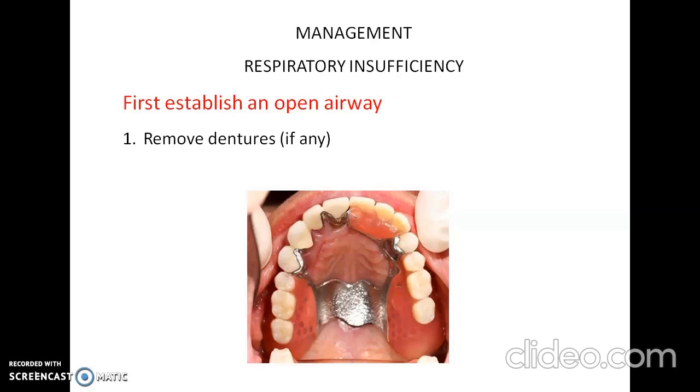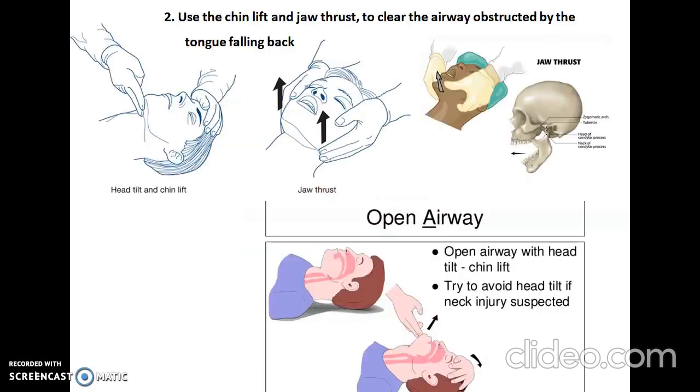Commonly, people may have one or the other aids in the mouth, or foreign substances may be present in the mouth, which may interfere with the airway. This is followed by the chin lift and jaw thrust technique. It will clear the airway obstruction and also prevent the tongue from falling back.